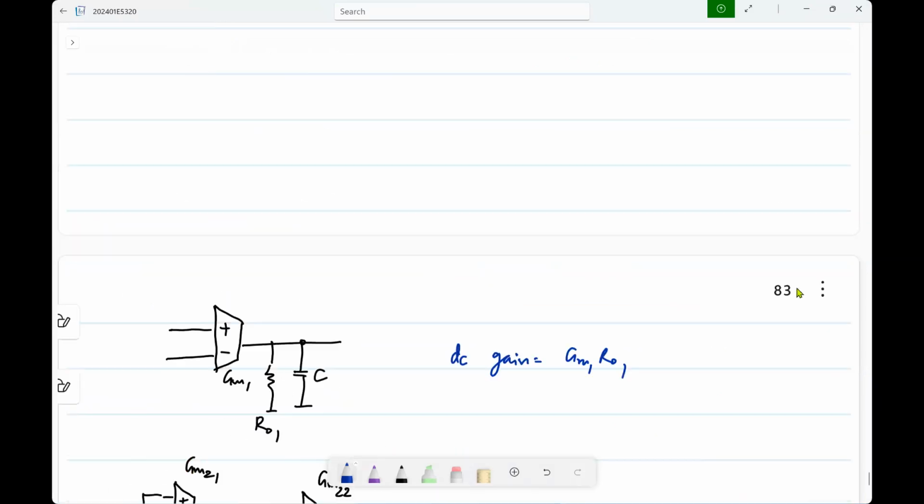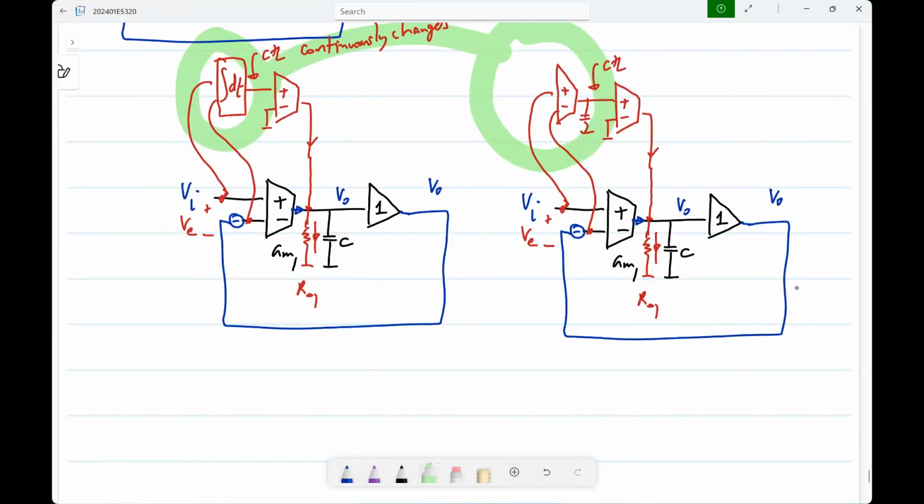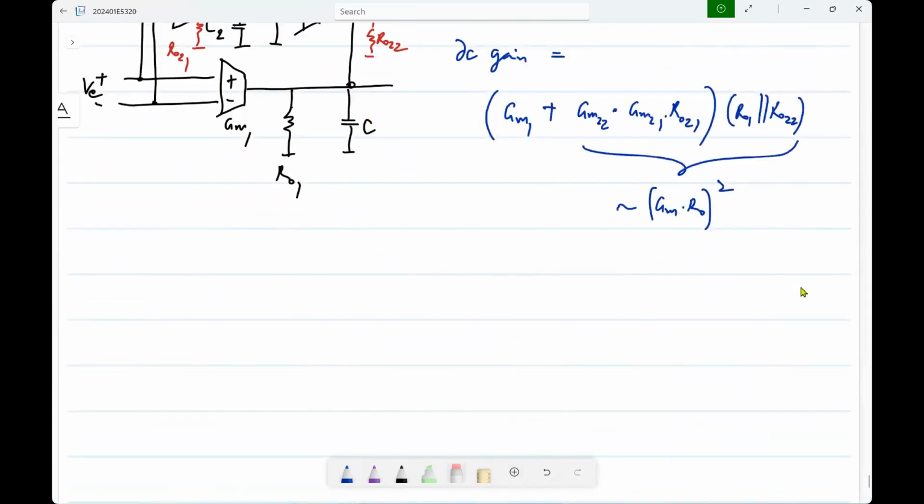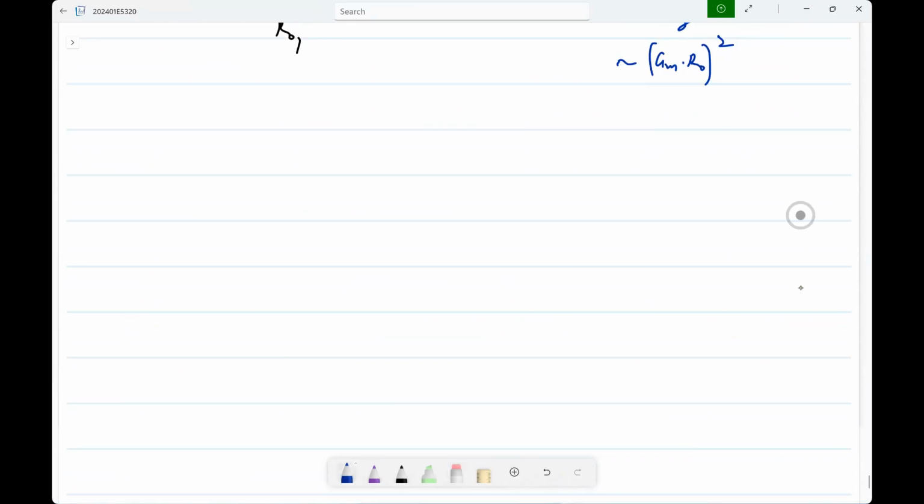So basically, in place of this integrator, right? This integrator should be replaced by that whole op-amp. Okay. So now you can see how quickly you can generate quiz problems.